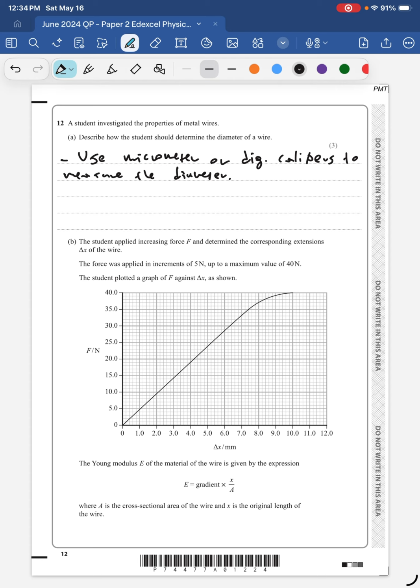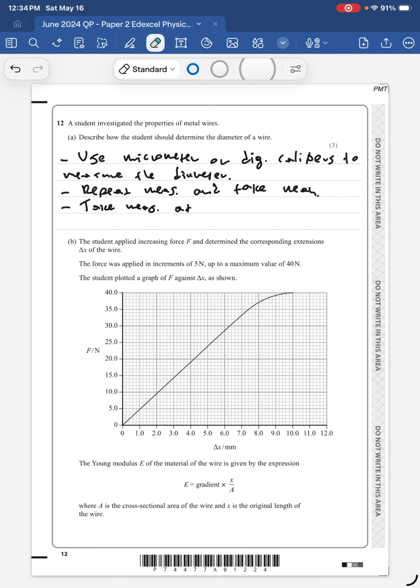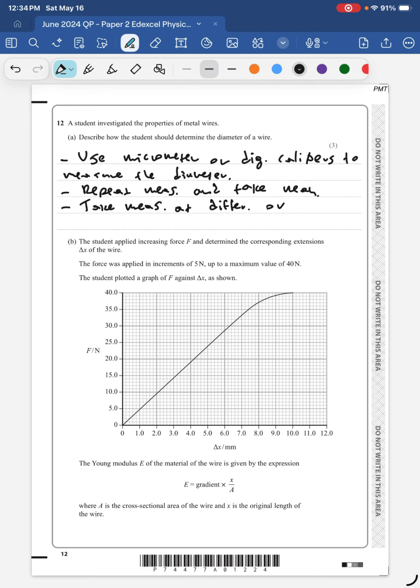That's the first step. The second thing you need to do is to repeat measurements and take the mean of your measurements. And most importantly, take measurements at different orientations and positions along the wire.